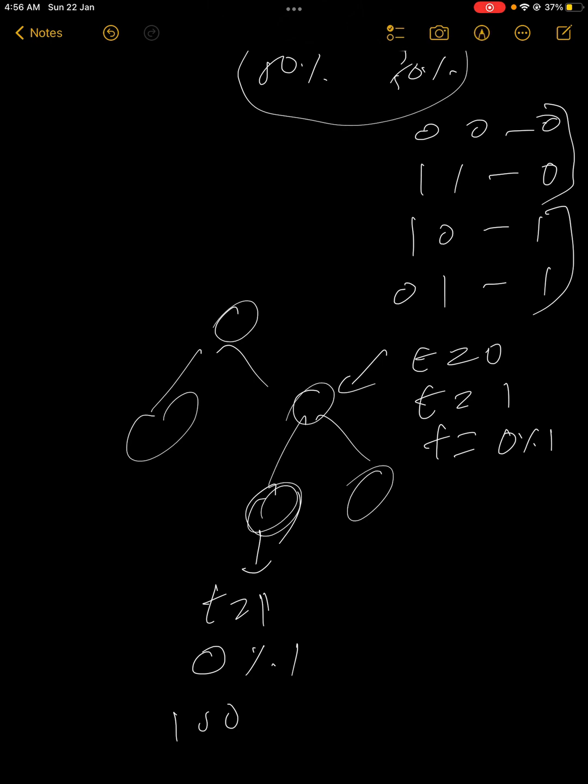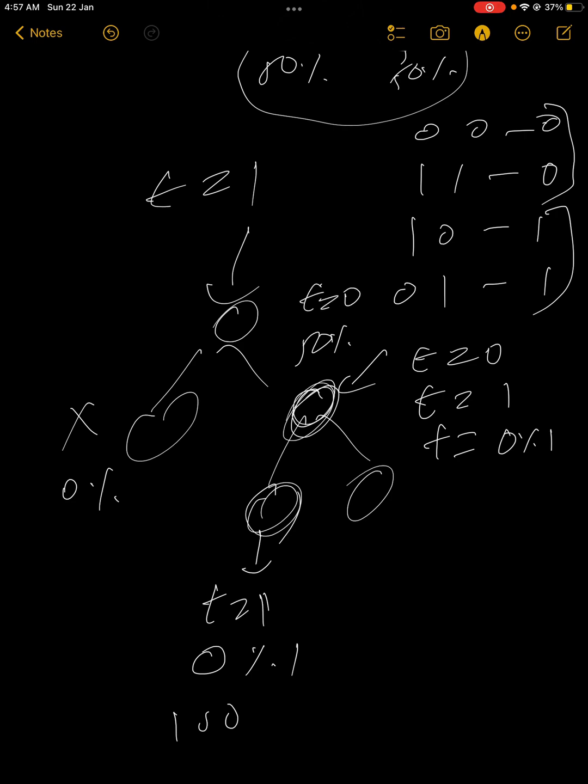So similarly for this node, at t equal to 0, it has 50% chance. At t equal to 1, it has 50% chance. Why does it have 50% chance at t equal to 1? Because as we discussed, this has 50% chance of 1, and this has 0% chance of 1. So 0%, we can just ignore it.